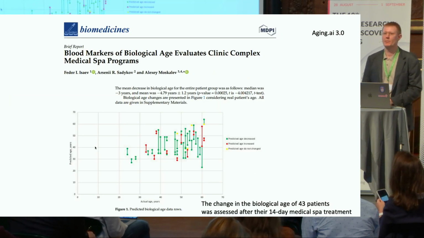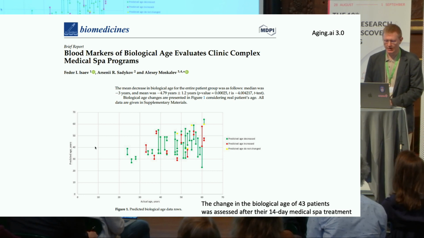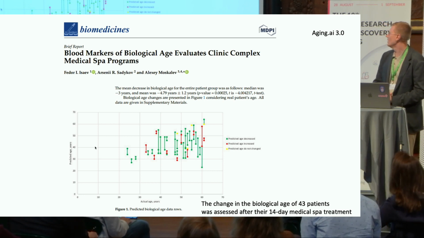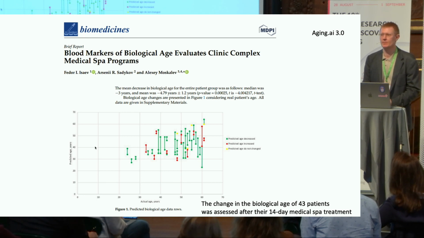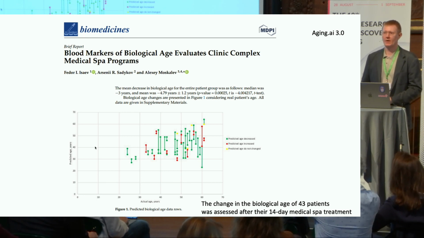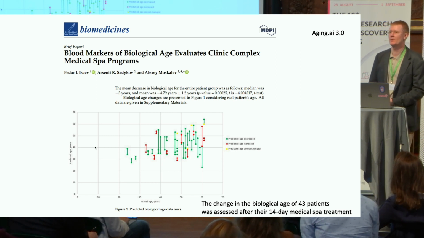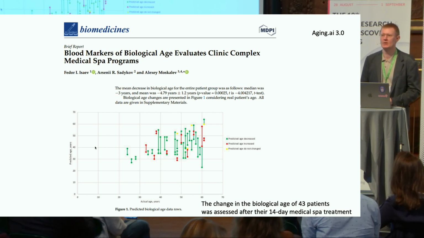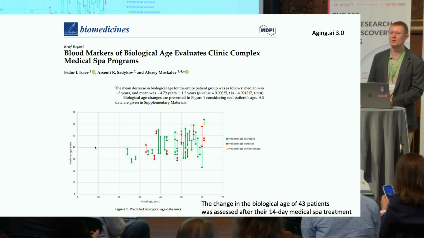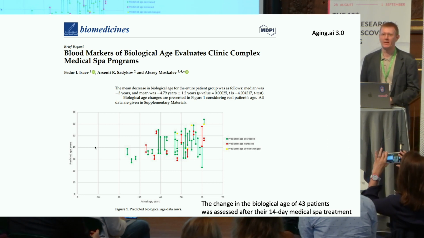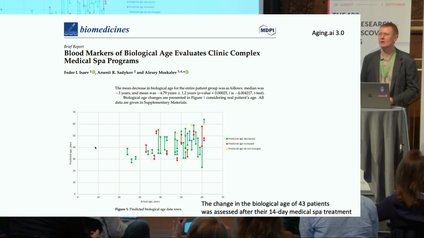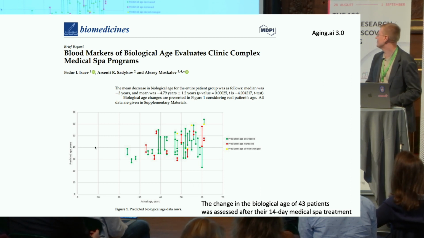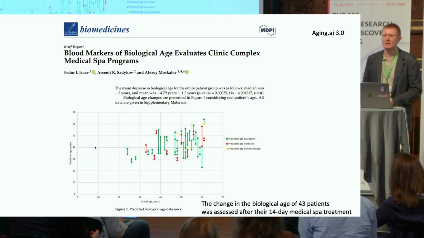And recently we applied the aging.ai 3-version clock to our clinical data obtained from a medical spa clinic that applies 2 weeks of treatment, a preventive medicine approach using healthy diet, caloric restriction, physical training, exercises, and also some supplements and medical spa procedures.